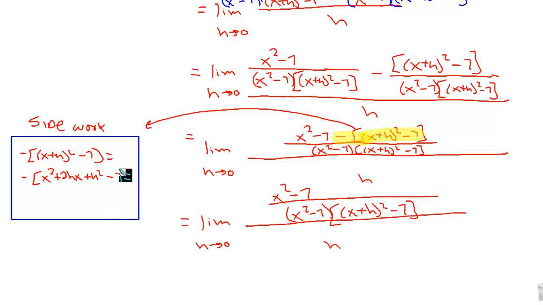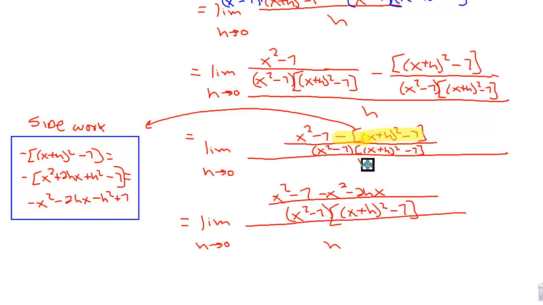Minus 7 at the end of it. Distributing the negative, you get negative x squared minus 2hx minus h squared plus 7. So that yellow mess becomes this yellow mess.